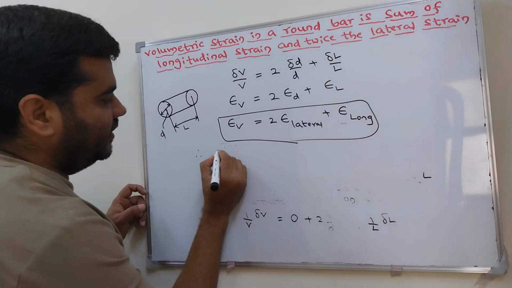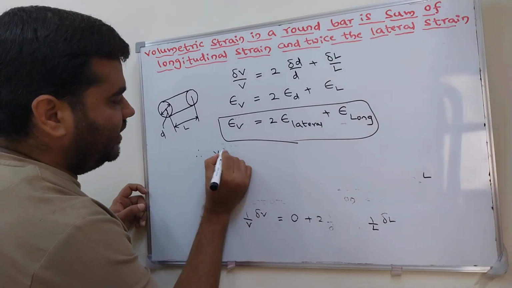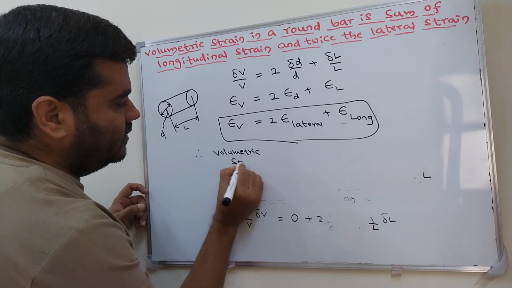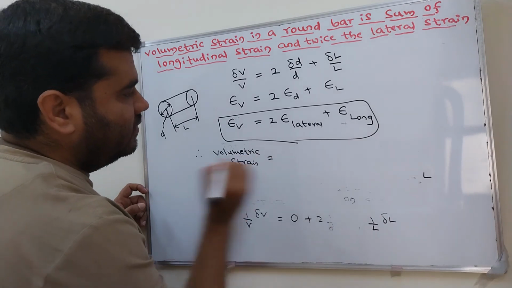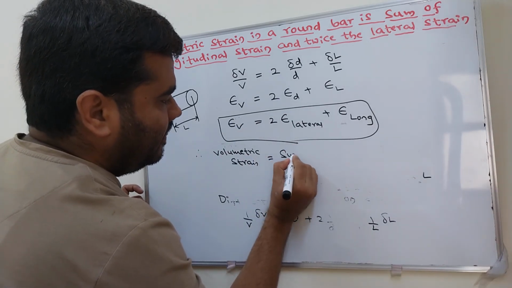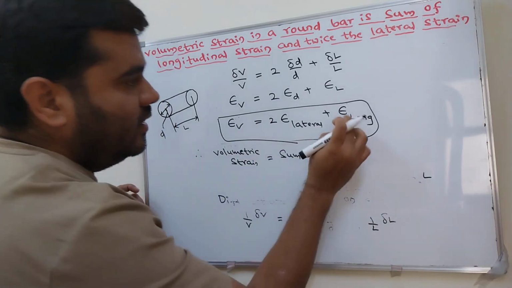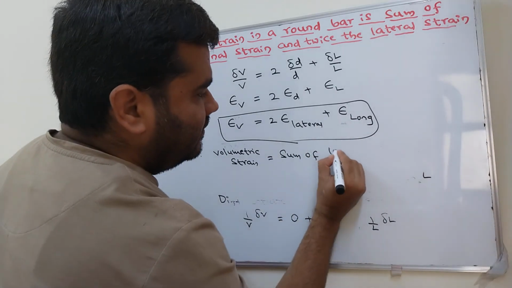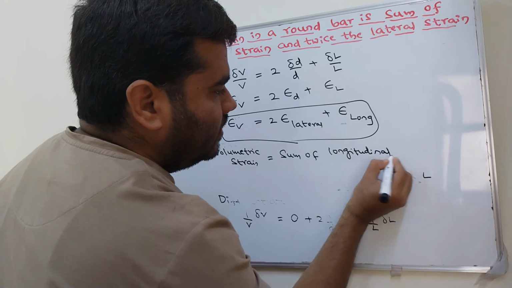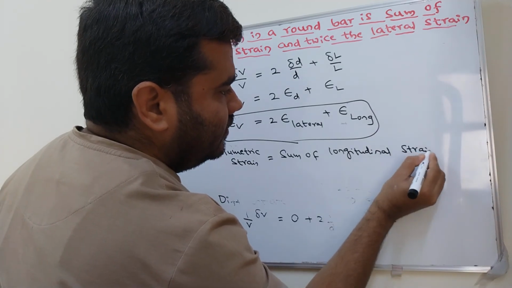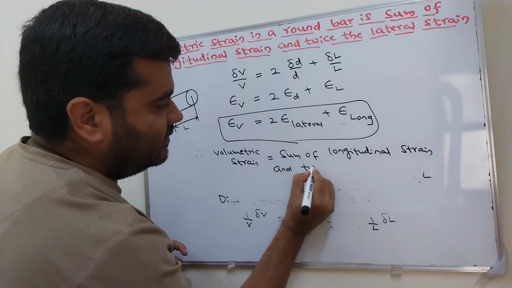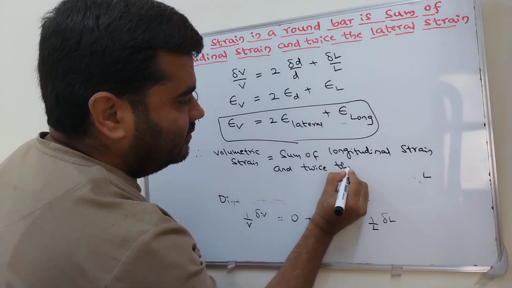Therefore, the total volumetric strain equals the sum of the longitudinal strain and twice the lateral strain.